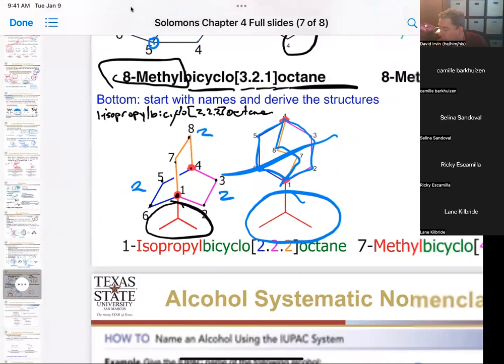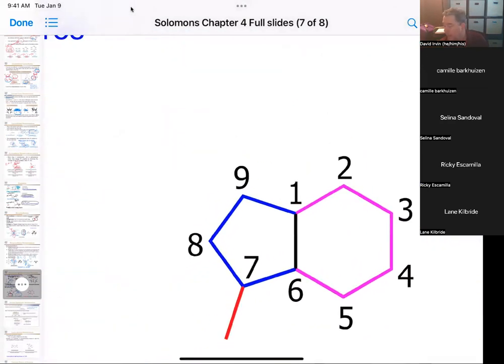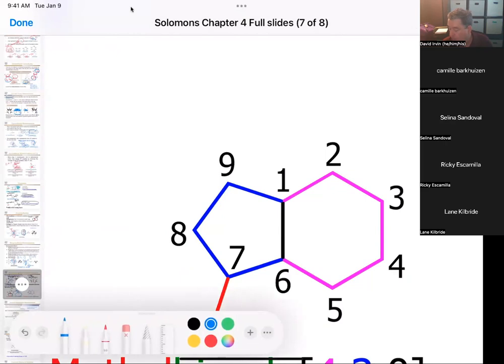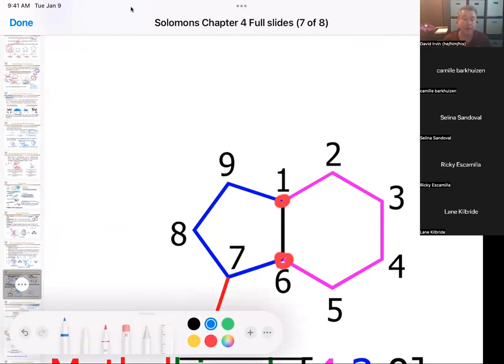All right, so let's do one more here. And this one's fused here, but let's go ahead and look at this again. So we're going to do that exact same process right here. We're going to start with our bridgehead carbons, which are this one and this one. And then we're going to start labeling around our system.